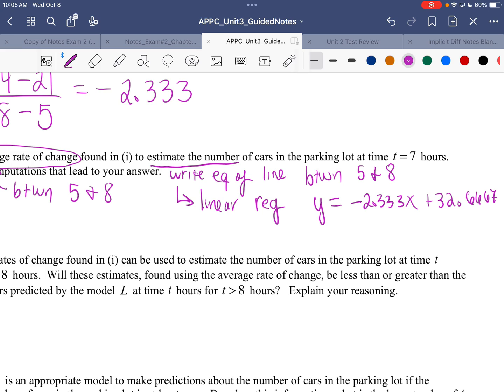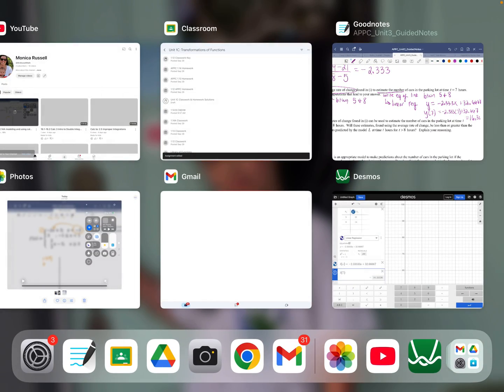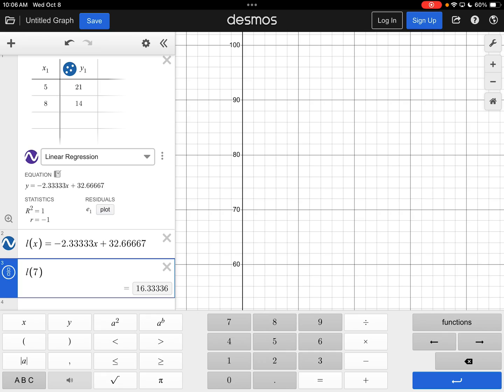Show the work and computations. I guess we called it line, but whatever, y at 7, and plug in, pretend like you actually plugged in 7. Was it 16.333, I think? No, yep, another 3.